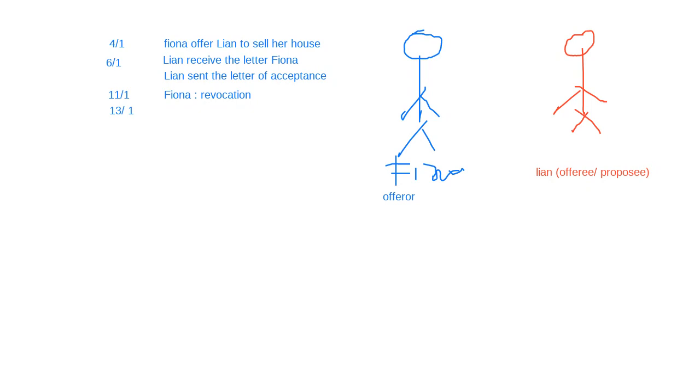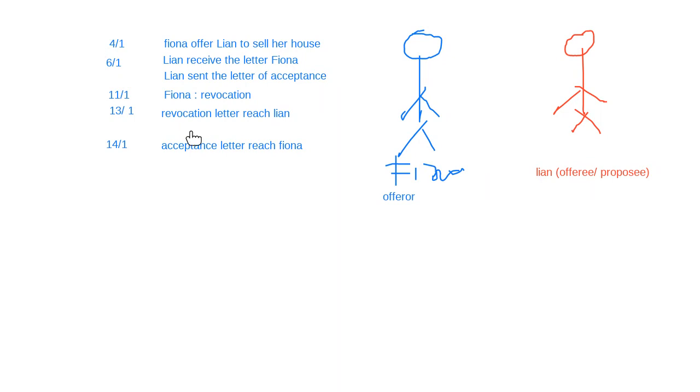And then the last one on 14th of January. What happened on 14th of January? The acceptance letter reached Fiona. Why did the acceptance letter reach Fiona? Because the acceptance letter is done by Lian.